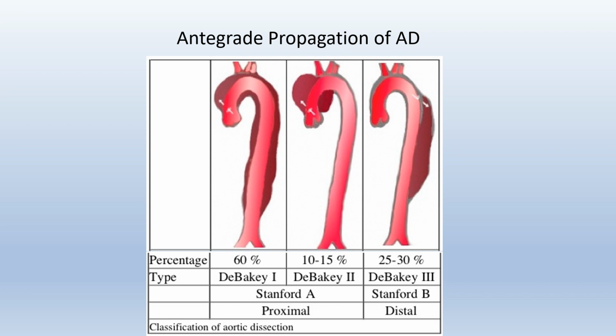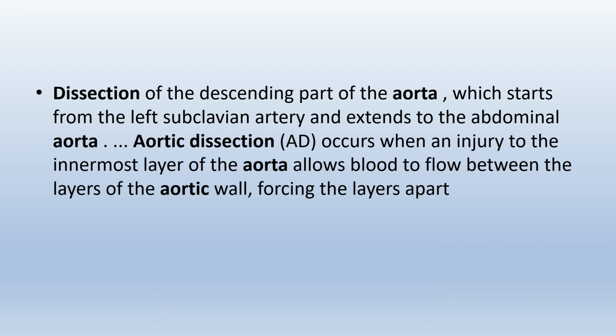So antegrade propagation: 60% in DeBakey type 1, 10% in DeBakey type 2, and 25% in DeBakey type 3. Dissection of the descending part of the aorta starts from the left subclavian artery and descends into the abdominal aorta.